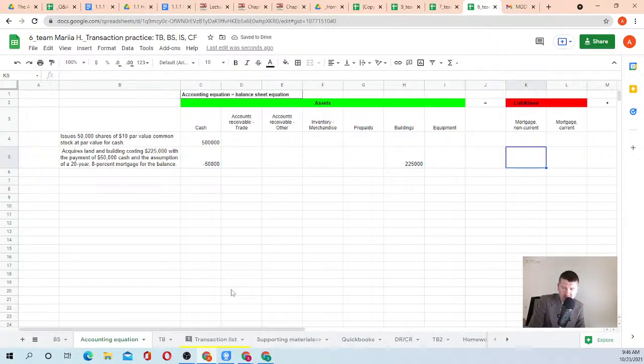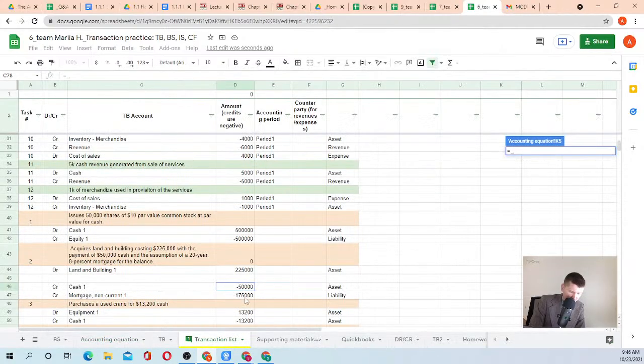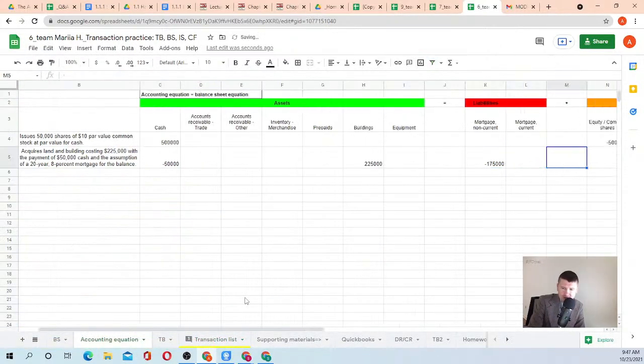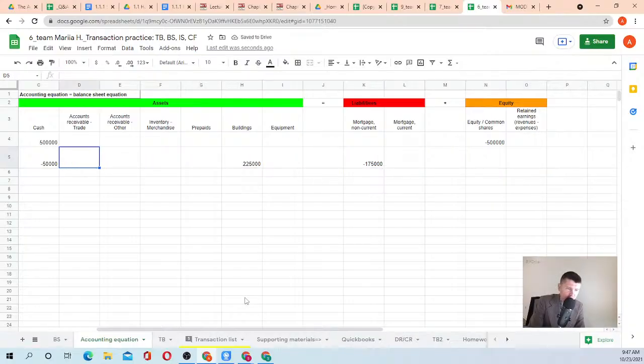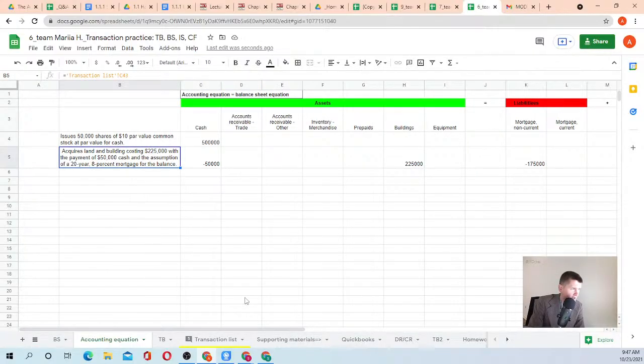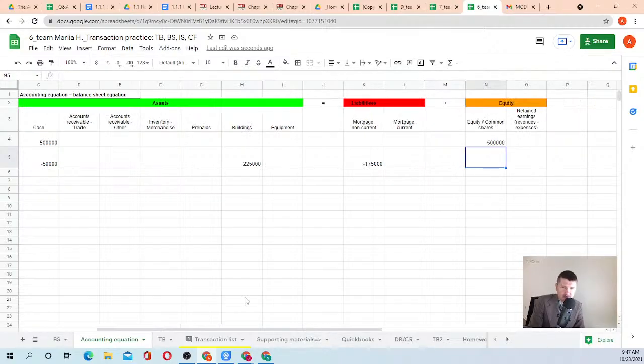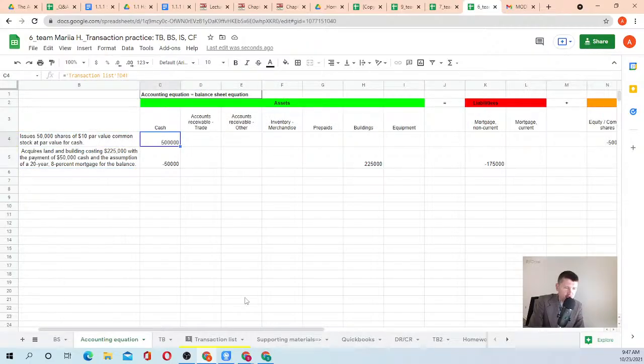And at the end, we assumed a mortgage on the rest of the value of the building. So you do that until your brain starts working in the accounting way, just recognizing that what you have in your assets should equal what you have in your liabilities plus equity. And that should be true for every transaction.